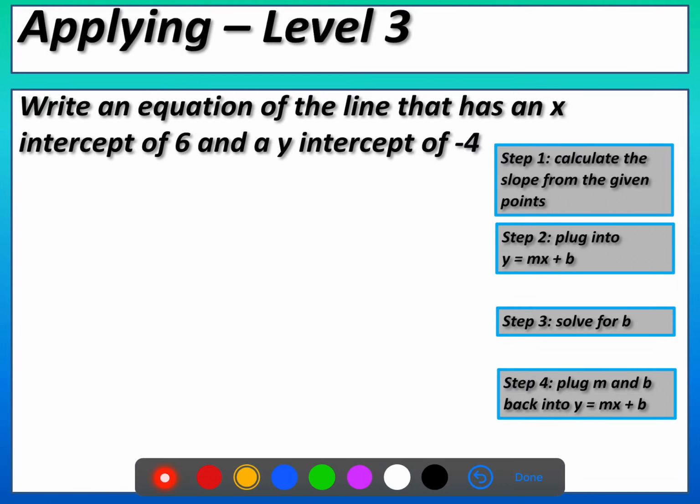Okay, so this is still level 3, which leads me to believe that there's going to be two ordered pairs involved, but this is saying write the equation of a line that has an x-intercept of 6 and a y-intercept of -4. So we have to think back to, again, 2.1, when we did x and y intercepts, and we have to remember that intercepts are ordered pairs.